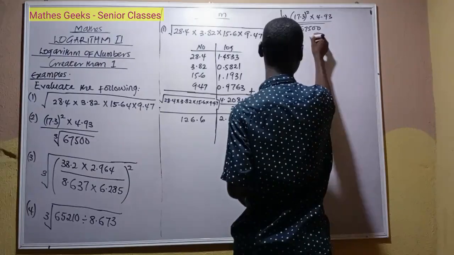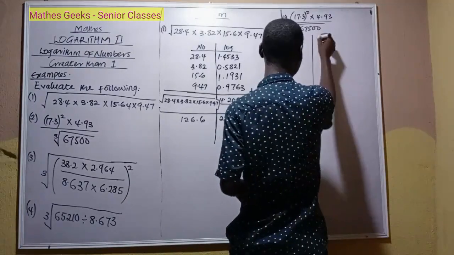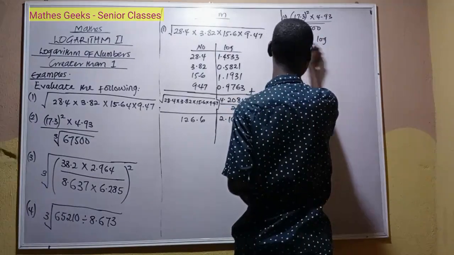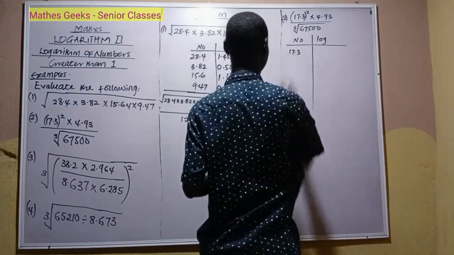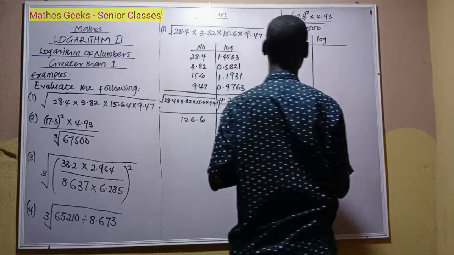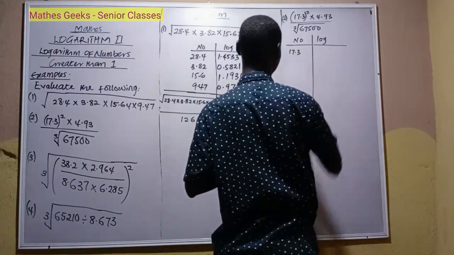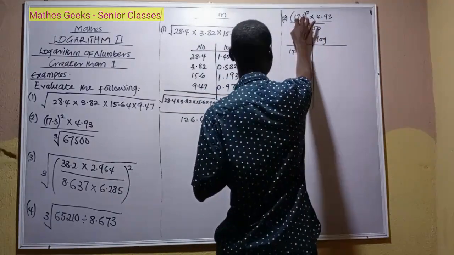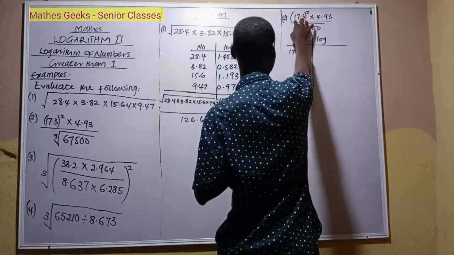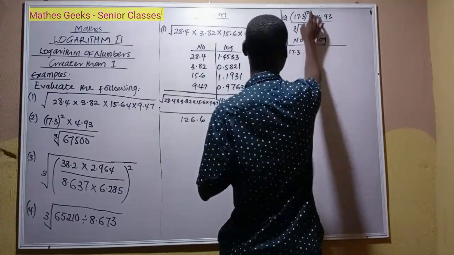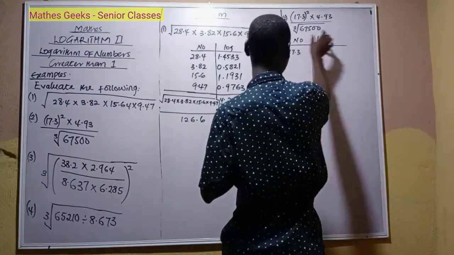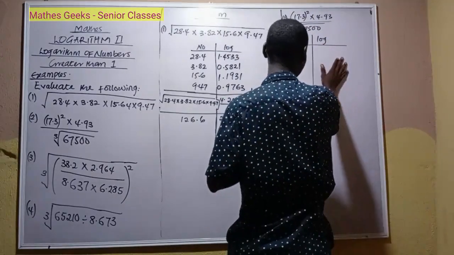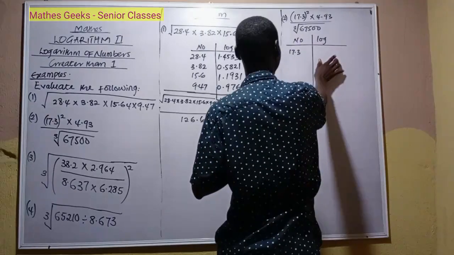That's the number log 7.3. Like I explained, first thing we do, we look for the log value of this. Once we get it, we bring this value down, we raise the power 2. And when we raise the power 2 on the log column, we're going to multiply it by 2.